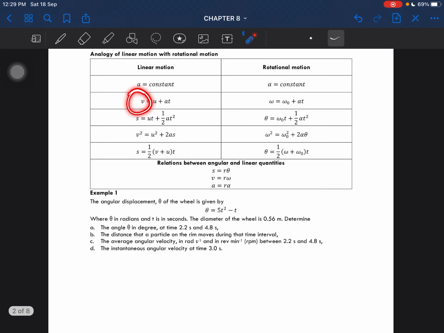So v here is the omega, u here is the initial omega, omega naught, meaning initial angular velocity, while the other one is initial linear velocity. Just make sure you understand what is s in terms of rotational motion, and what is our acceleration in terms of rotational motion. That is just the relationship between them that you need to know.